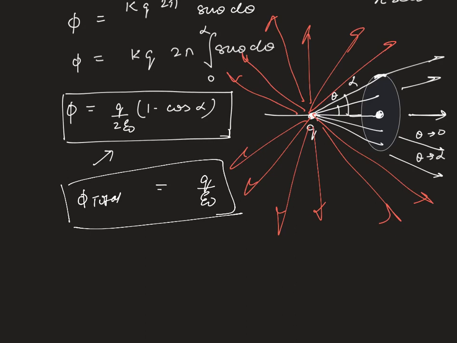There is only a select group of lines that are going to pass this ring area. And those select group of lines form what we call flux. And the flux here, through the ring or disk, whatever you like to call it, is obviously less than the total flux, because the total flux gets distributed into the entire space.